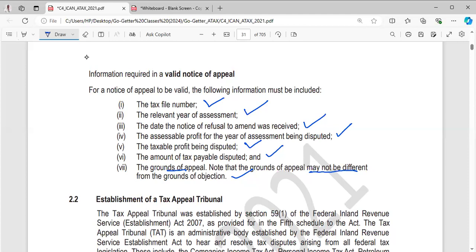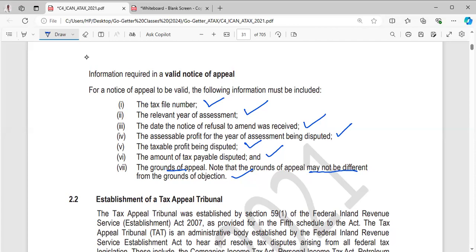But now it's important. It is also possible that when they look at your notice of objection, they might look at it and it lacks merit. They stand their ground. They can decide to say, all right, we refuse to amend, and they give you a NORA. You now say these people have refused.